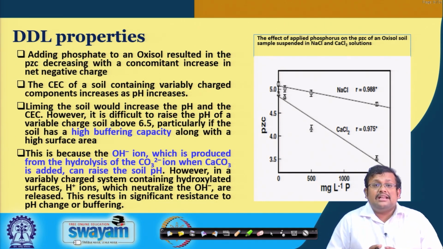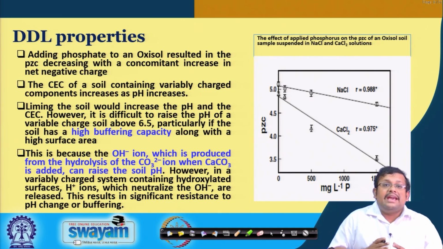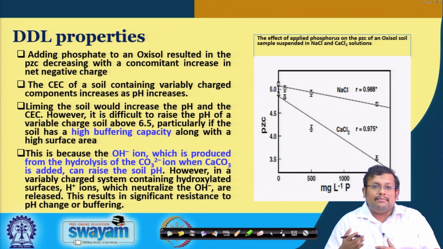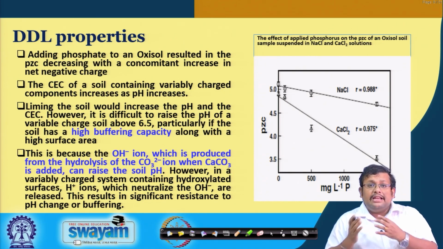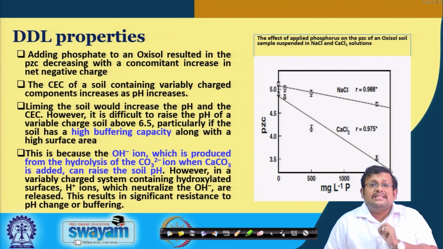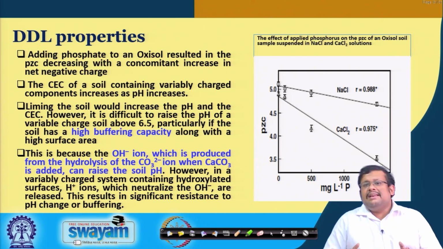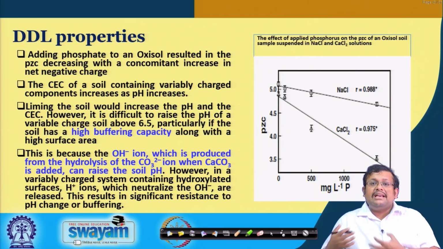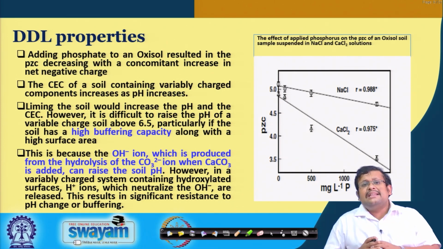Now, liming the soil would increase the pH and the CEC. If we put lime, that is calcium carbonate, that would increase the soil pH and the CEC. However, it is difficult to raise the pH of a variable charged soil above 6.5. Generally, in case of any type of soil, when we apply lime, it increases the pH and CEC because of the presence of the calcium carbonate.